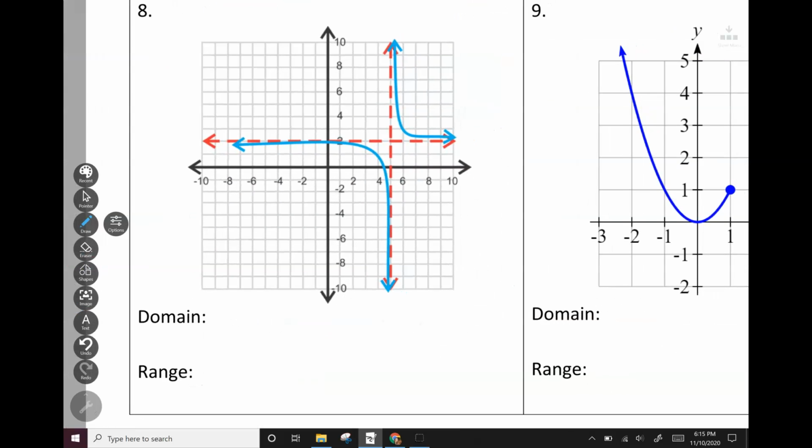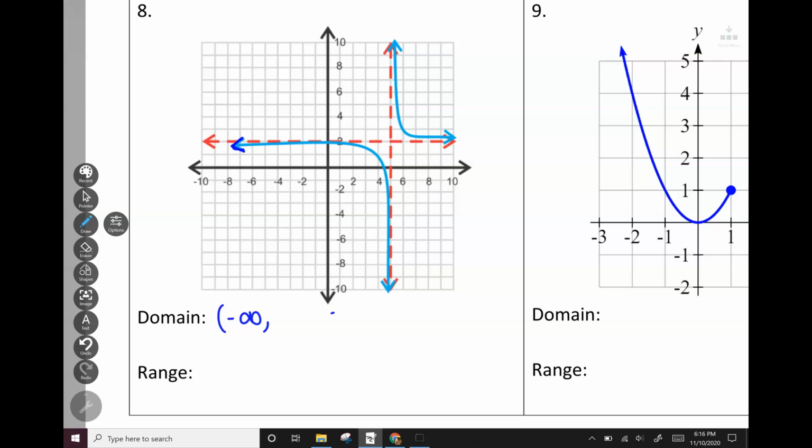All right, let's look at this one. This is a rational function, the domain. So going from left to right, I've got the leftmost point, and you're looking at the blue one. The red lines are actually called asymptotes. The function is actually the blue one, so we're looking at the blue one here. So domain goes from -infinity all the way up to, at the asymptote, there is no point.